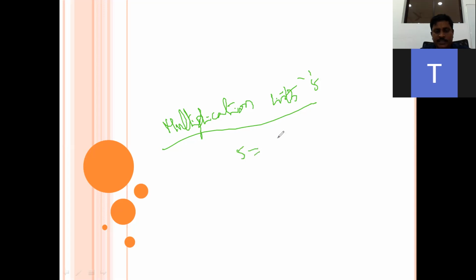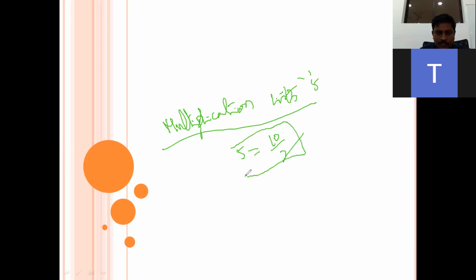Next, multiplication with 5. How to multiply any number with 5? Generally, 5 is written as 10 by 2.